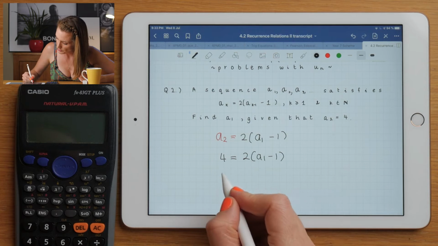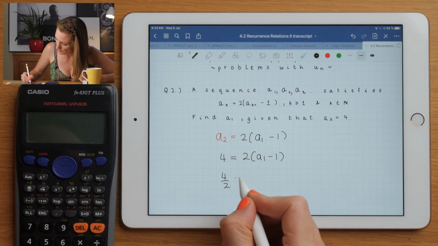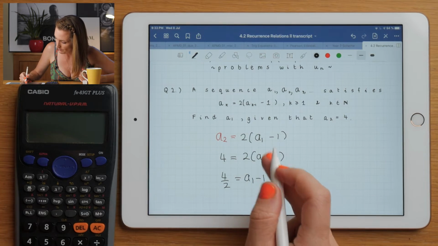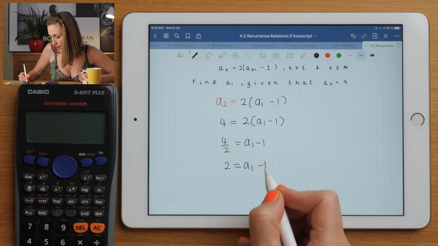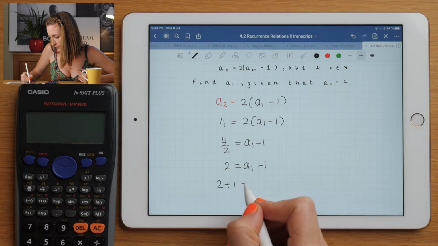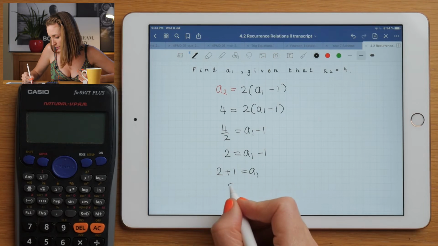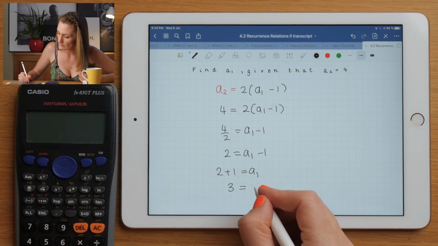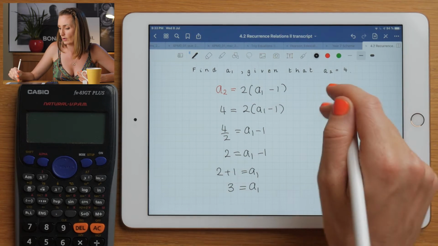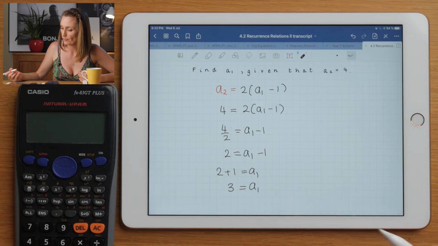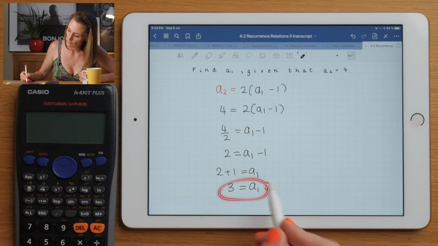So divide by 2. So 4 divided by 2 equals A1 minus 1. 4 divided by 2 is 2. And add the 1. So working backwards and basically reversing your recurrence relationship, you can go from A2 back to A1.